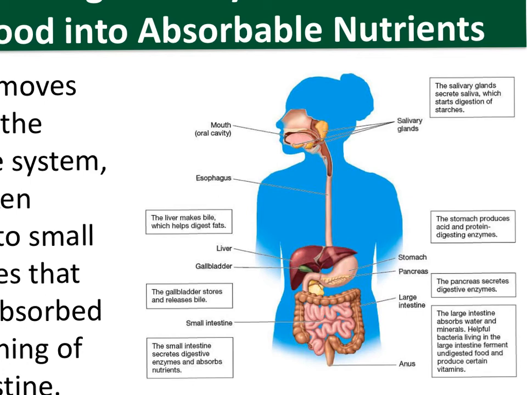The liver makes bile, which helps digest fats. Here's the liver right here. Two lobes, actually. Here's the stomach right here. Okay.